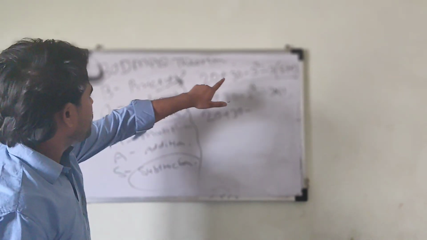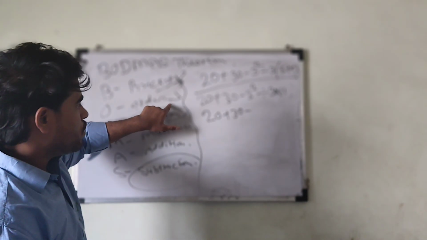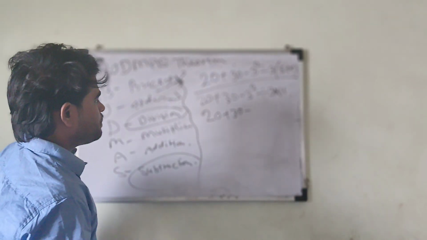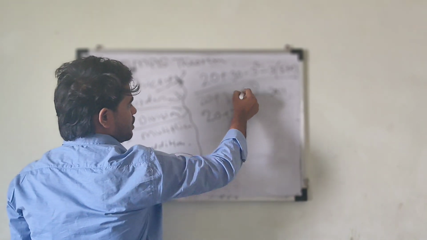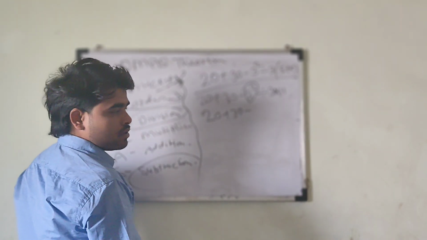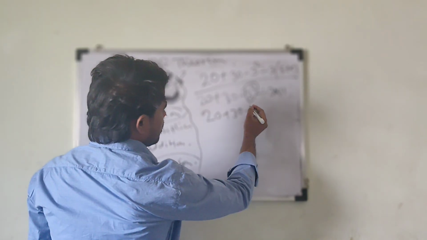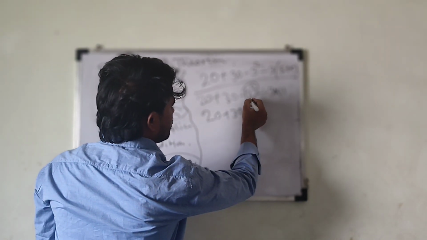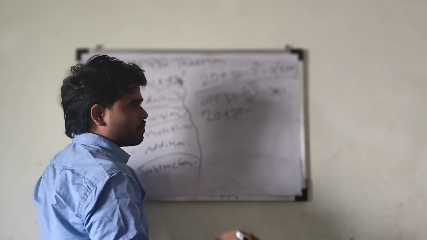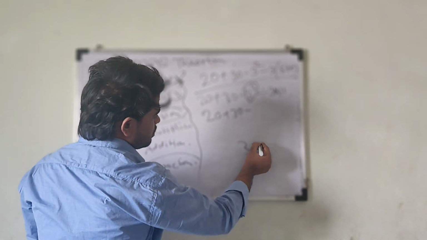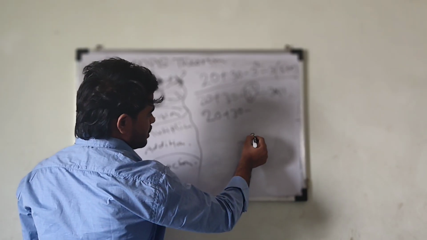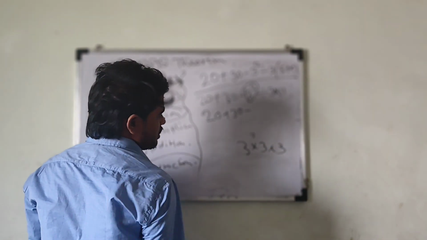Then we have to apply the second rule, order. So we solve the order, like 3 to the power 2. Anything to the power of 2 means, for 3, 3 into 3.